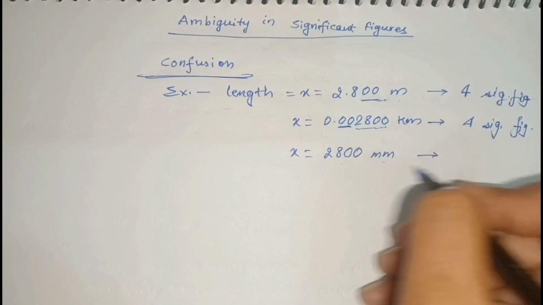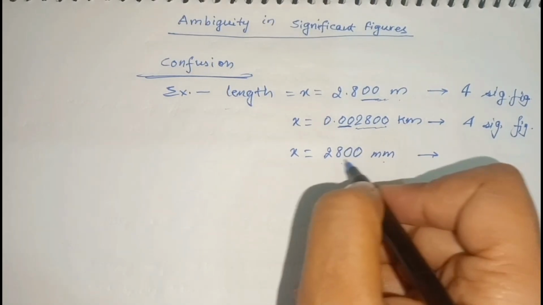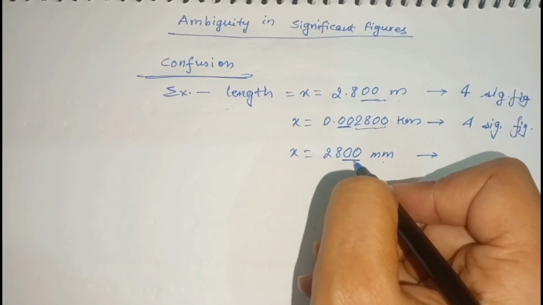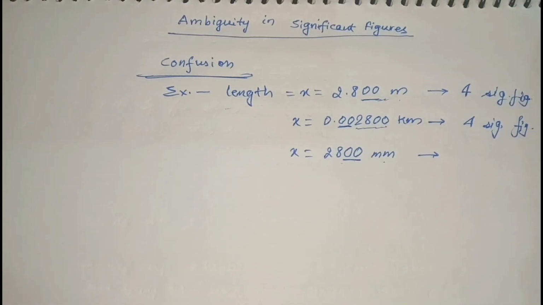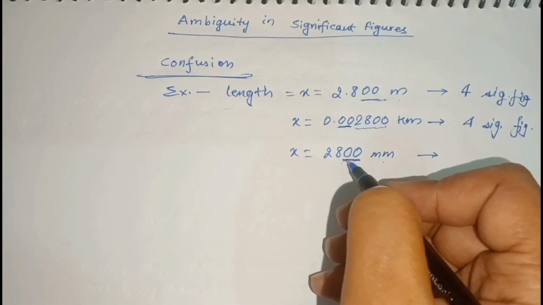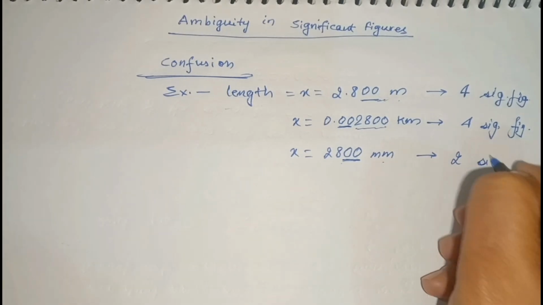Okay, how many significant figures are there in this? 2800. These two trailing zeros will be insignificant, as the rule suggests: the trailing zeros are not significant in a non-decimal number. So it has 2 significant figures.